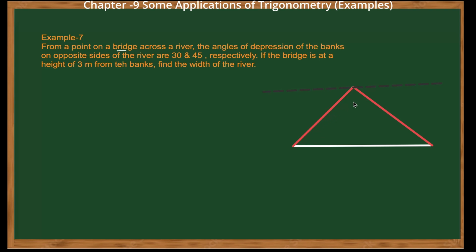So this red which I'm showing, and the black, is the horizontal line. Here it forms an angle. Depression is nothing but this angle that it's going to form. Here it says 30 degrees on one side, and on the other side it says 45 degrees.